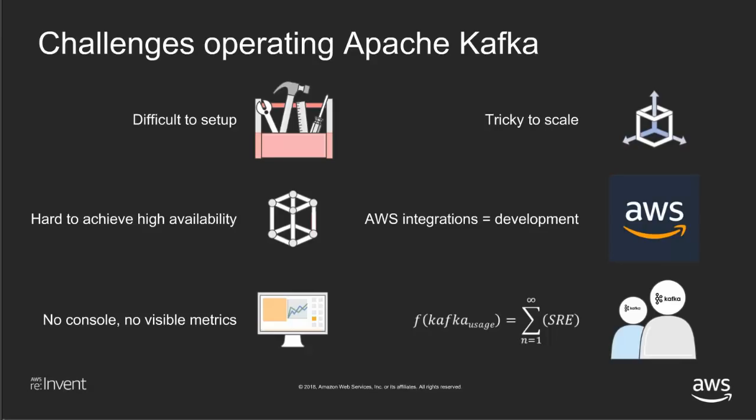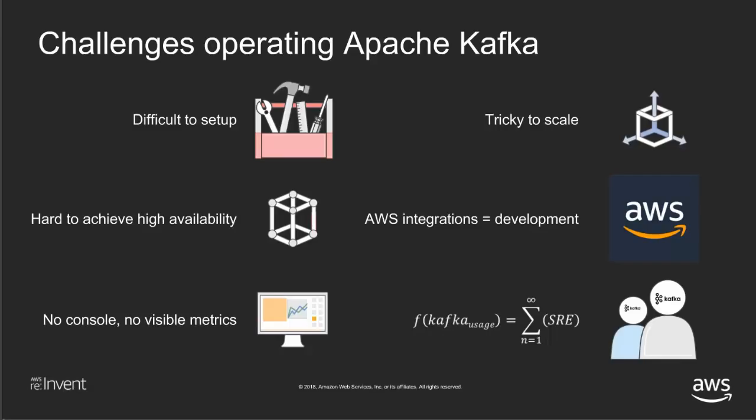And then finally, what we've seen is customers' usage of Kafka is always a function of the amount of site reliability engineering talent that they have on site or have hired otherwise.